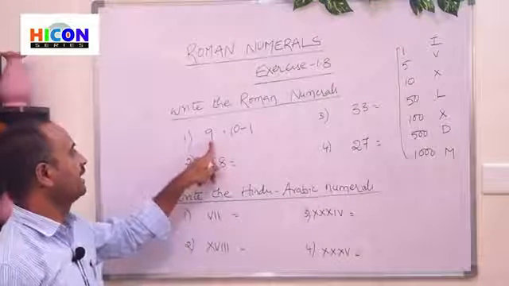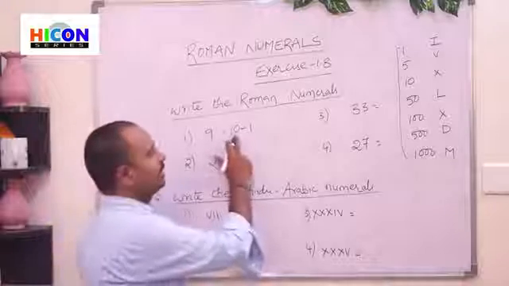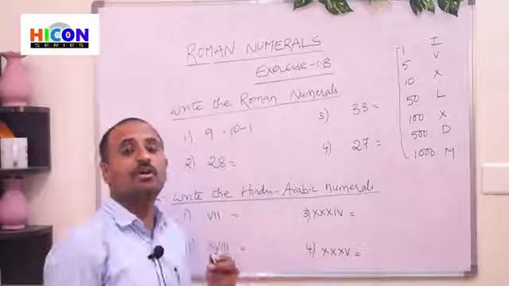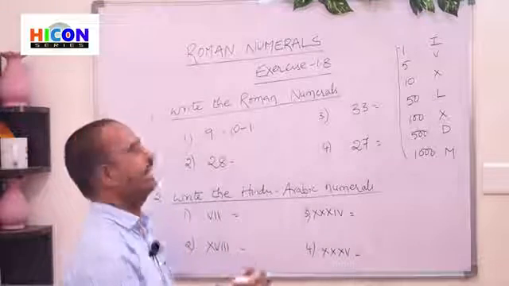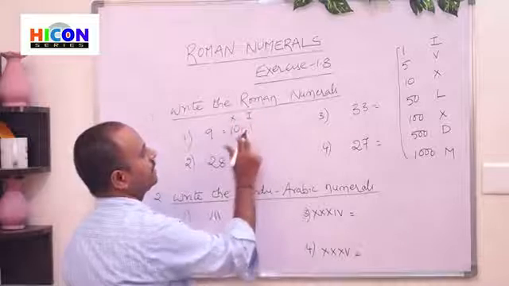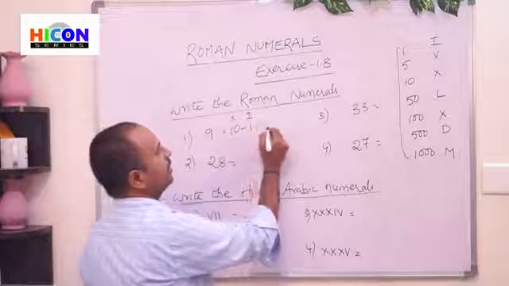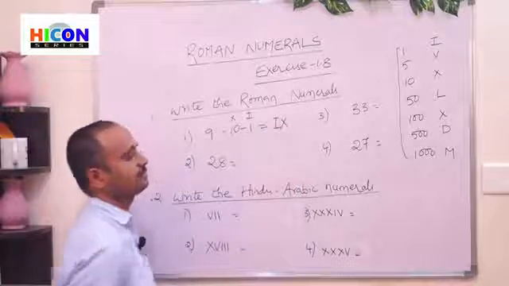So 10 means X and 1 means I. Subtraction means the smaller symbol should be written on the left side of the greater symbol. So I should be written on the left side, IX.